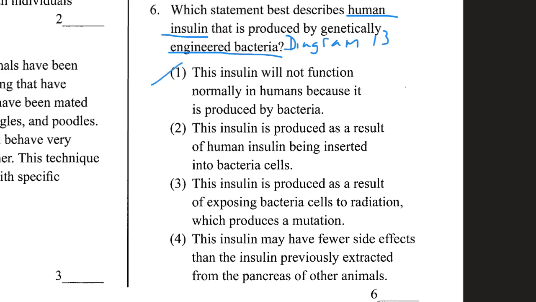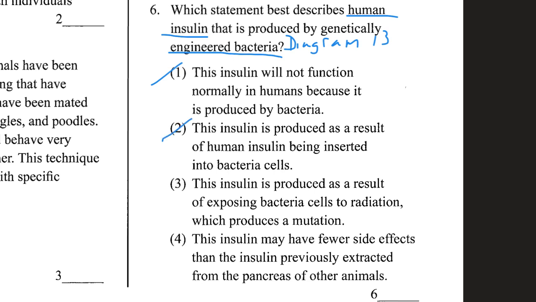Option 2, this insulin is produced as a result of human insulin being inserted to bacterial cells. It's not the insulin that's being inserted into cells, it's the DNA code that makes the insulin hormone protein. So option 2 is incorrect.